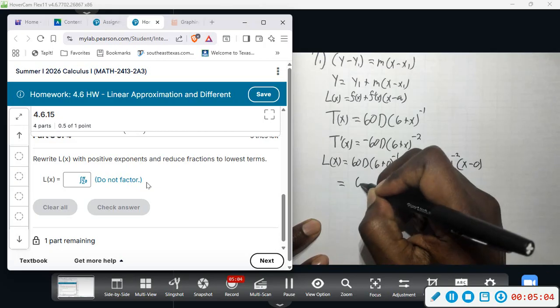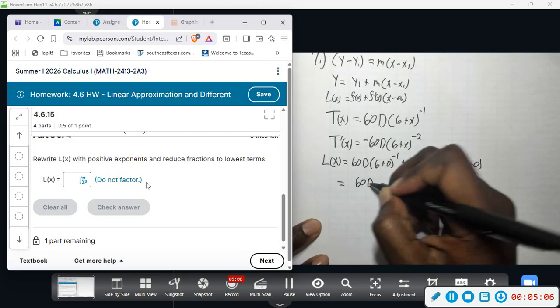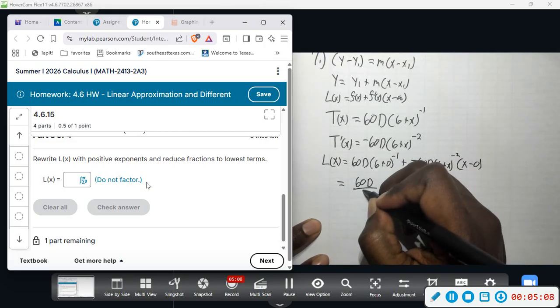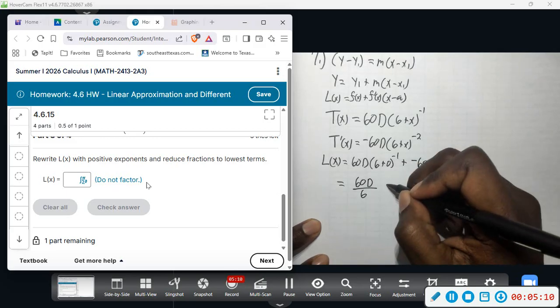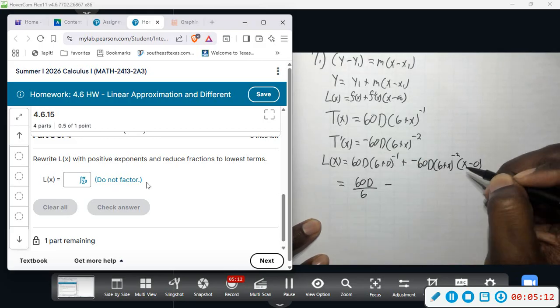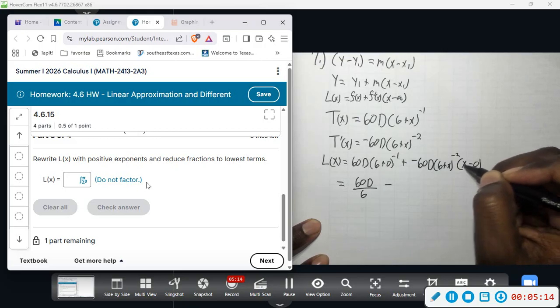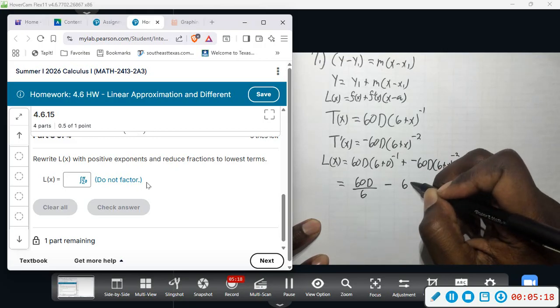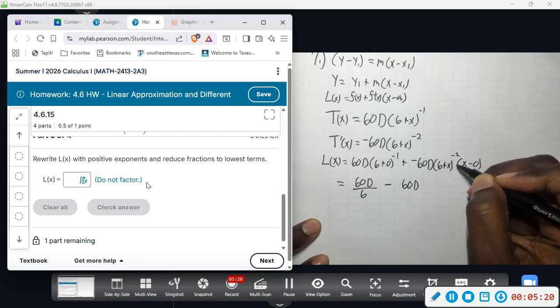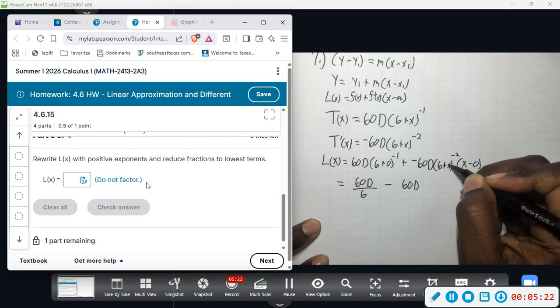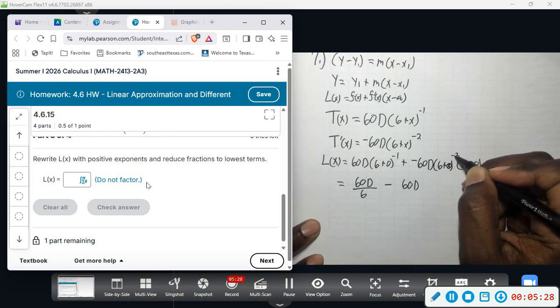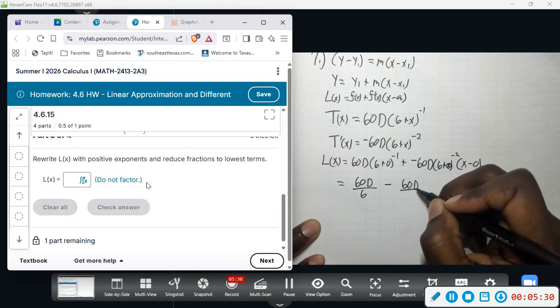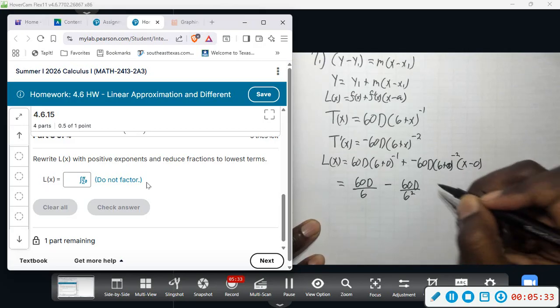So this is going to be 60d divided by 6, and then I'll just go ahead and write minus 60d. Now I don't know why I wrote an x. This should be 0 because we plugged in a 0. So this will be 6 squared, but it's going to be on the bottom, and then times x.